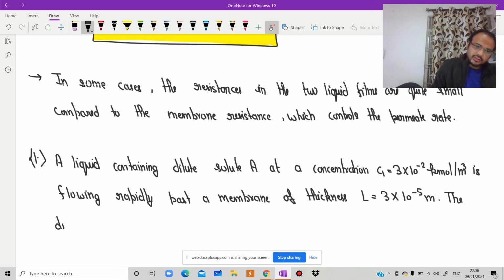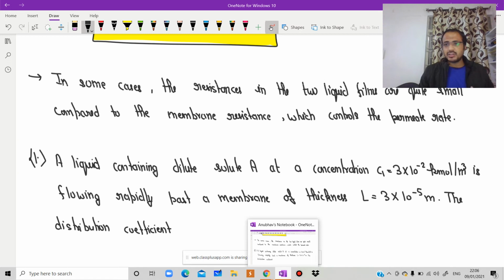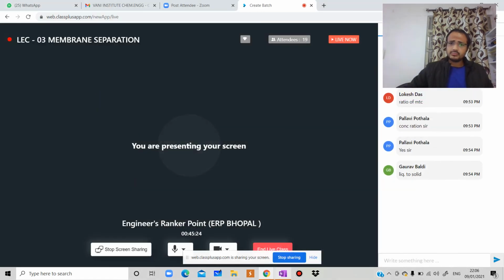The distribution coefficient. We derived a general equation. If in exam they provide some changes in the above equation, then we are able to manage. Suppose if you get a straight line, then the value of Kc is. I need this answer correct from each and every student. I am asking a very simple question.